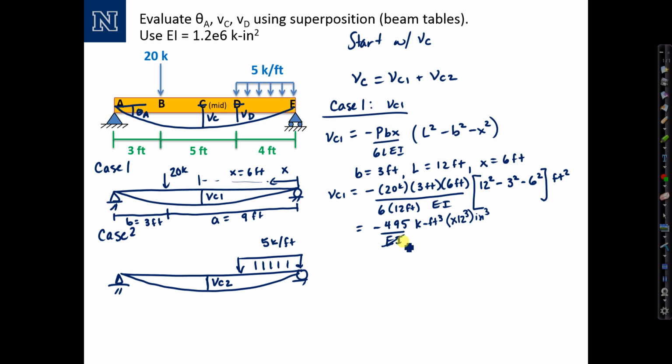Okay, and then I'll go ahead and substitute in my EI, 1.2 E6 kip inches squared, and the whole thing, so I've kip inches cubed on top, kip inches squared on the bottom. Whole thing reduces to inches, and the value is negative 0.713 inches. Okay, that's our value for VC1. Now let's look at VC2.